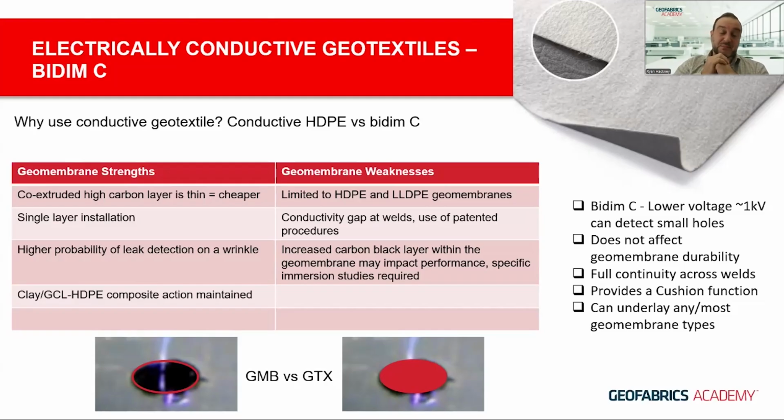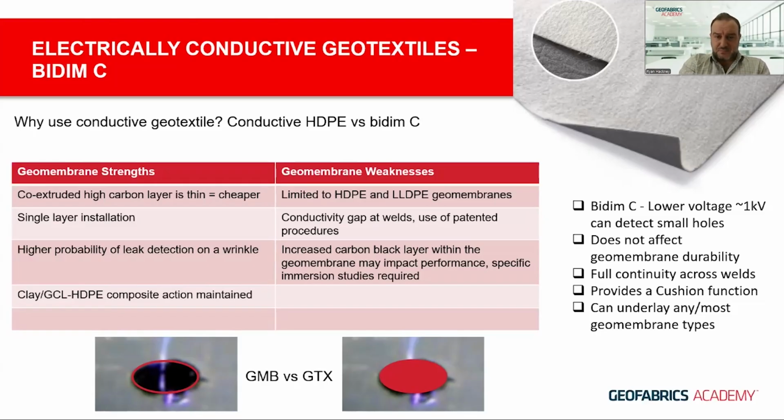I guess some weaknesses in that respect is that it's usually limited to HDPE and LLDPE geomembranes, that conductive layer that can be co-extruded onto membranes. You still have that conductivity gaps at welds, and in some cases, there's patented procedures to enable that that's only available with certain membranes.